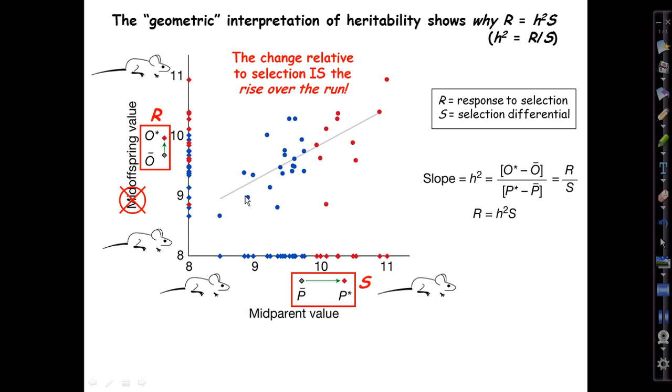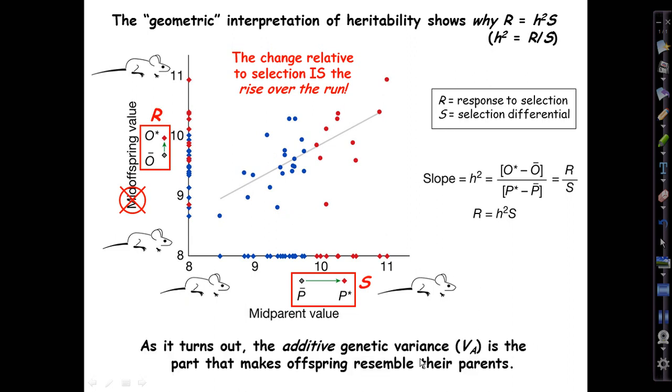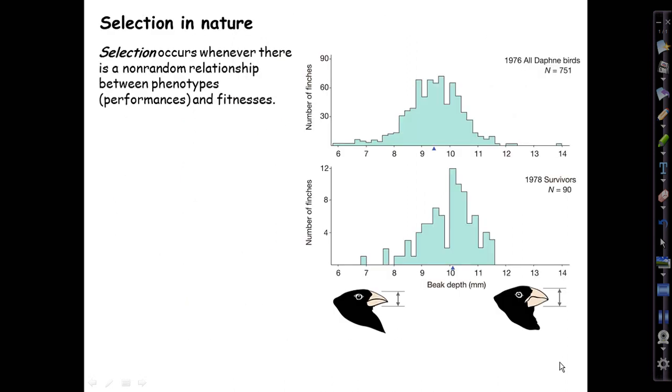They are, once you understand this graph, actually the same thing. So that means that the additive genetic variance, the part that creates the positive slope of the line, that is the resemblance of parents to offspring, is the part that makes the offspring resemble their parents. And that's why it plays such a critical role.